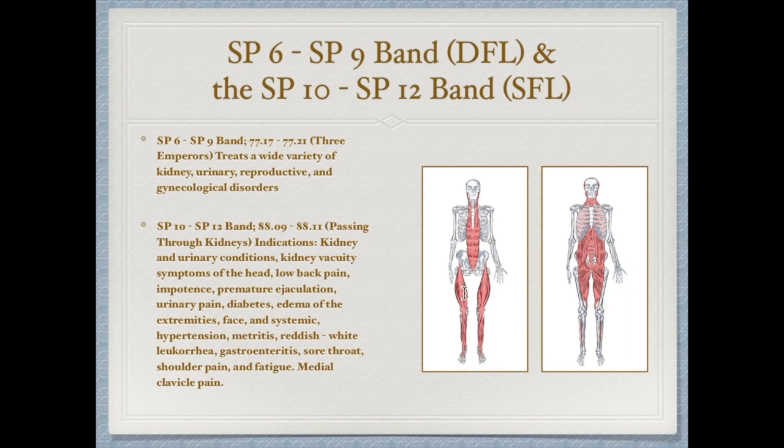So you can imagine if you put in a point like Spleen 10, Spleen 11, Spleen 12, if we follow this fascial line up, it's going to influence the clavicle as well as the SCM. So I think that's why these master Dong points in this area are used for clavicle pain, because they're on this same fascial line.